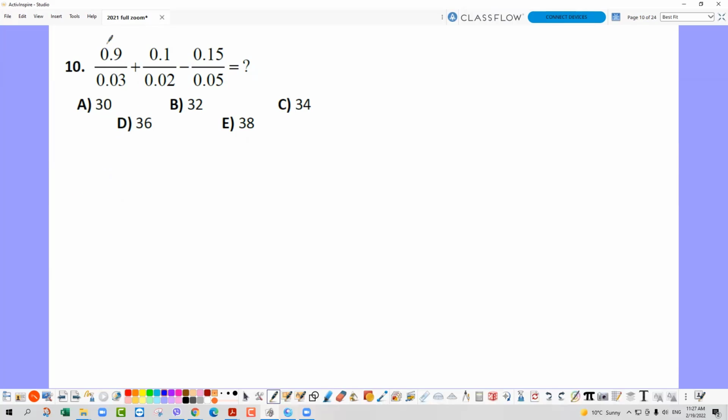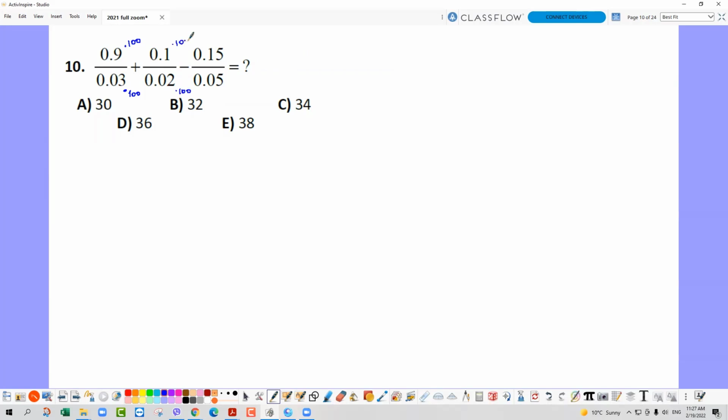If we multiply the denominator by 100, you should multiply the numerator by 100 at the same time. Why am I multiplying by 100? Because since there are 2 decimal places here, I have to multiply by 100, then I get rid of the decimal point. So all of them I'm going to multiply by 100.